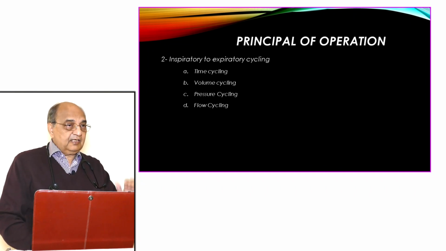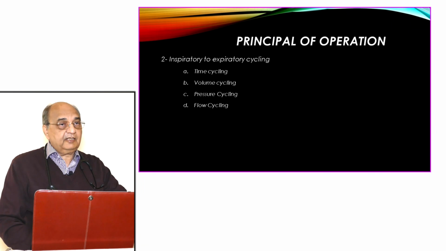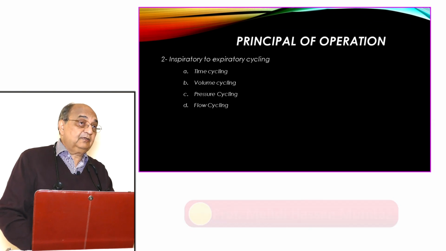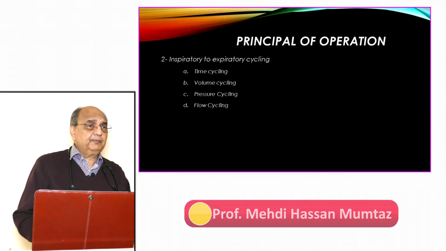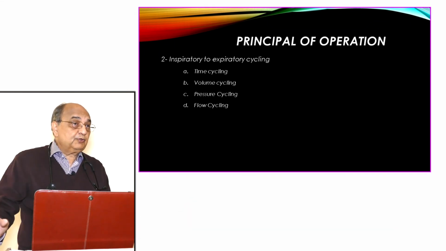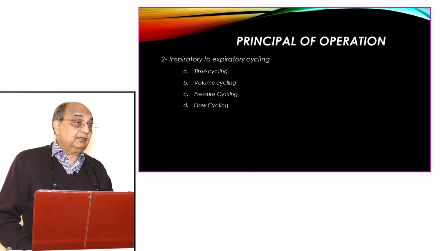If the gases pushed into the lung reach a certain pressure, then automatically expiration starts. Then flow cycling. When the flow reaches a certain level, the inspiration stops and the expiration starts. So very simple. These are automatically done by the ventilator. You have to choose only the mode, whether you are giving a pressure mode or volume control mode.